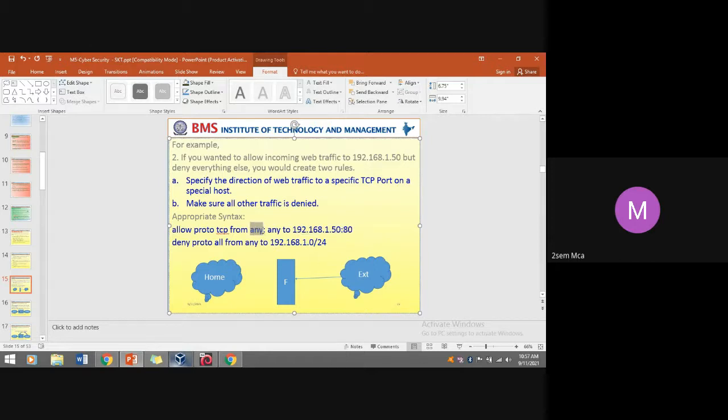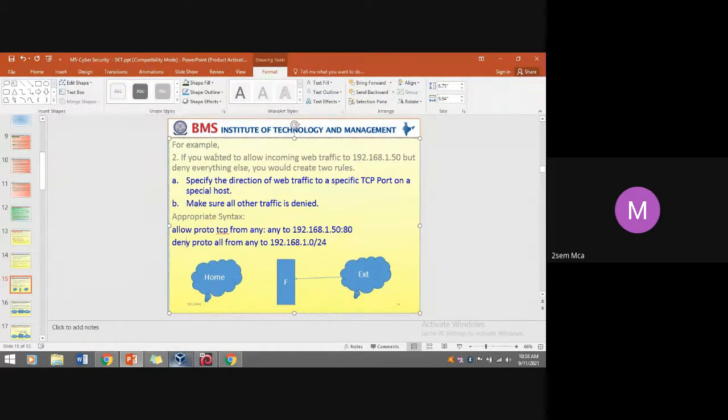From any system it can send to the home network, but you are allowing only this system to accept the incoming packets. You are writing this rule in the firewall.